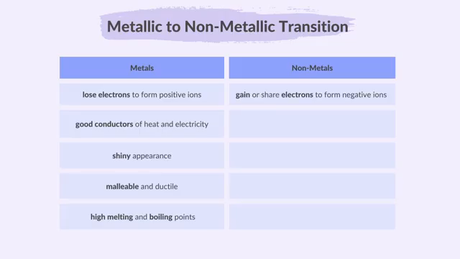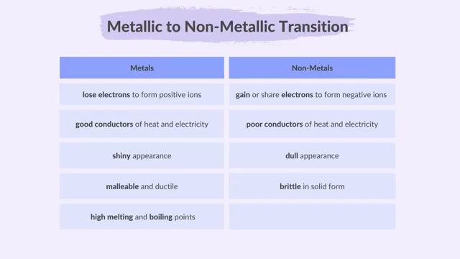Non-metals are elements that tend to gain or share electrons to form negative ions or covalent bonds in chemical reactions. Non-metals are typically poor conductors of heat and electricity. They have a dull appearance.